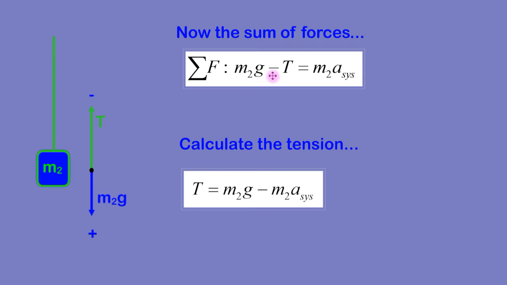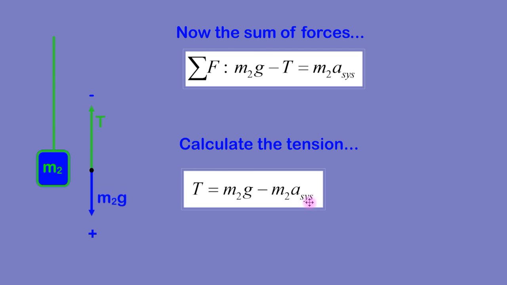So M2G minus tension equals M2, just the mass of that one part, times the acceleration of our system. Then I would use that to find out what the tension is. So, do some algebra and calculate the tension, which would be T equals M2G, the weight of mass 2, minus M2 times the system's acceleration.